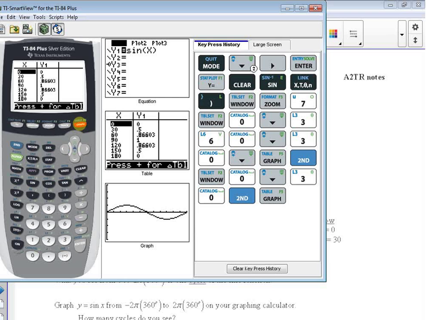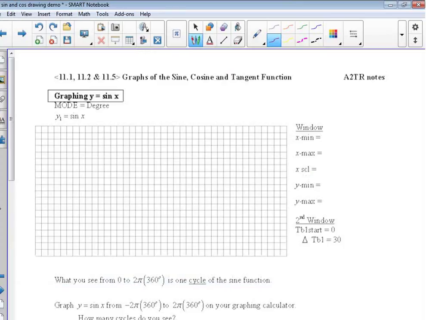You don't want it going by ones or you'll never get to 360. Okay, so let's go back and plot some points here then. So the x-min was 0, the x-max was 360, the x-scale was 30, the y-min -4, and y-max +4.